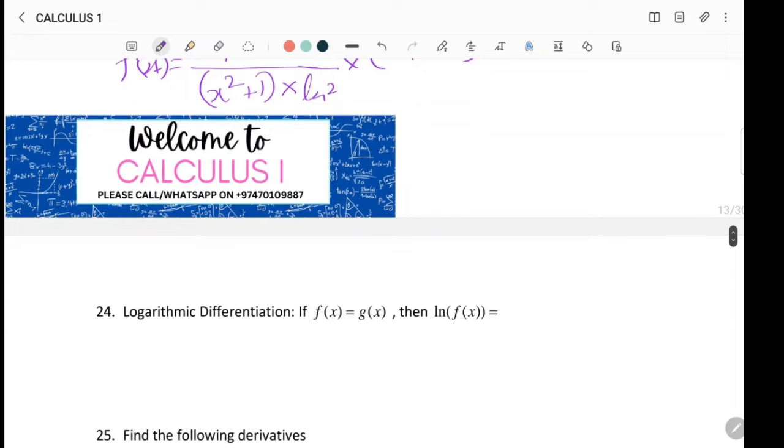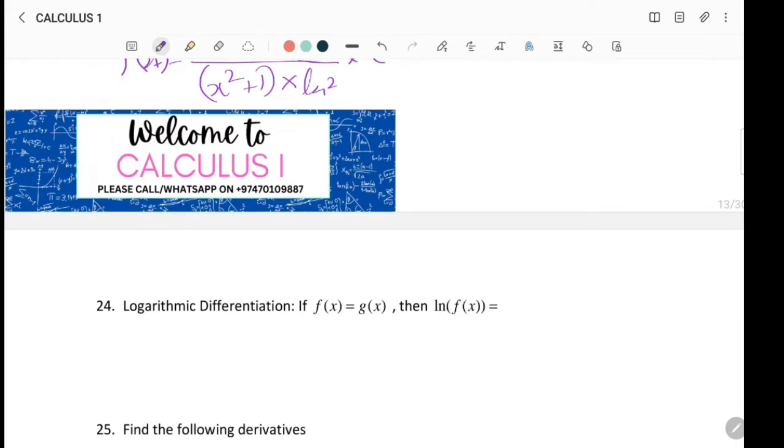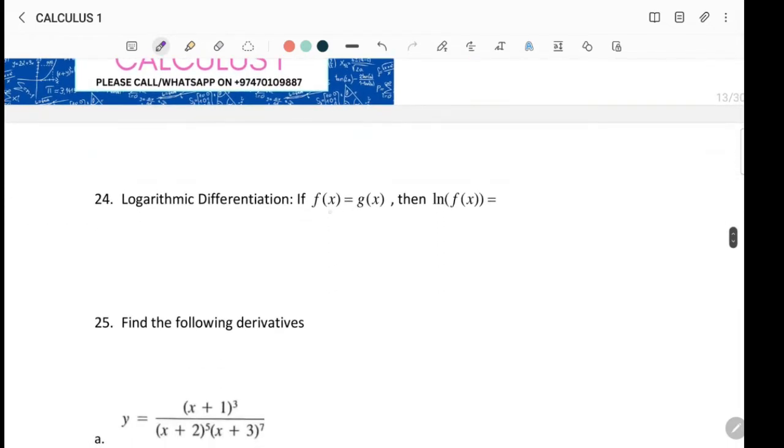Okay, now we are going to do question number 24. Question 24 says logarithmic differentiation. If f(x) equals g(x), then ln f(x) equals, f(x) is g(x), right? So this is ln g(x). That's it.